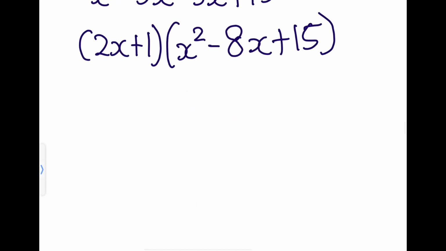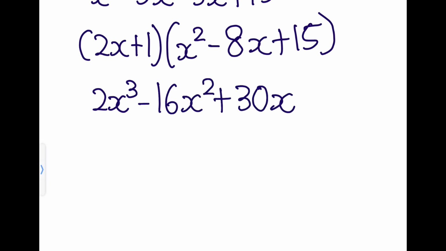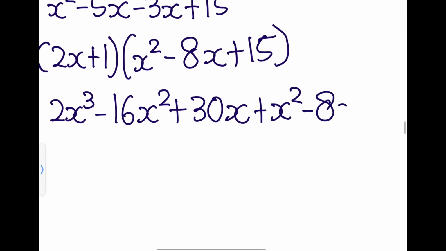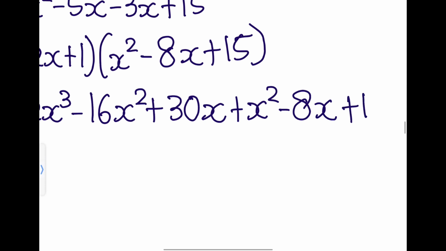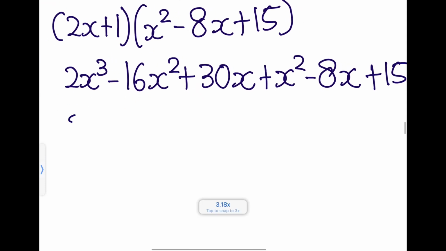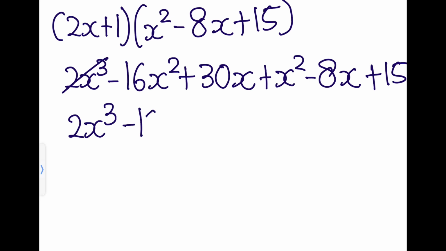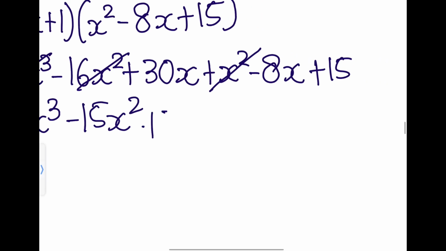Now we have to multiply it again. So 2x into x squared gives 2x cubed, then negative 16x squared plus 30x, plus x squared minus 8x plus 15. So 2x cubed, negative 16 plus 1 is negative 15x squared, plus 22x plus 15.